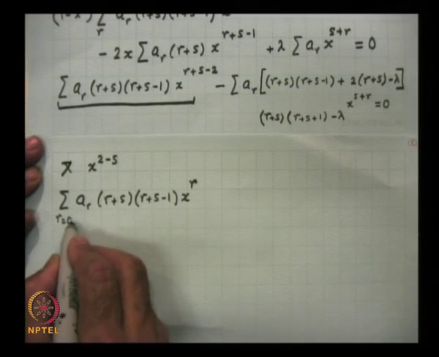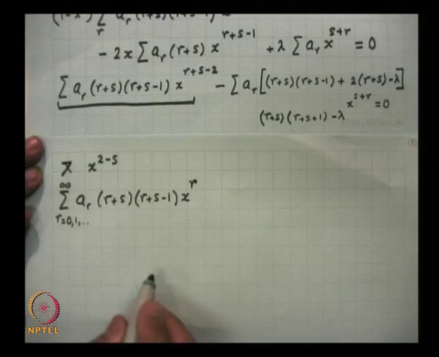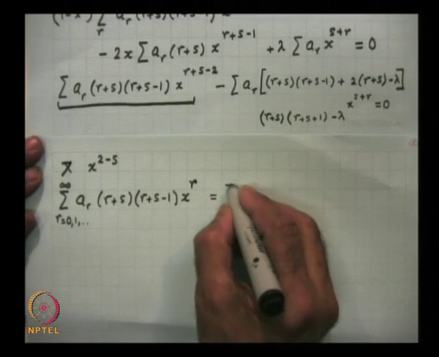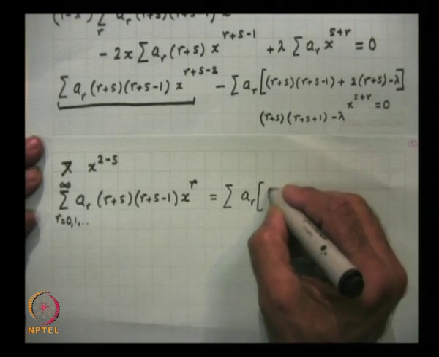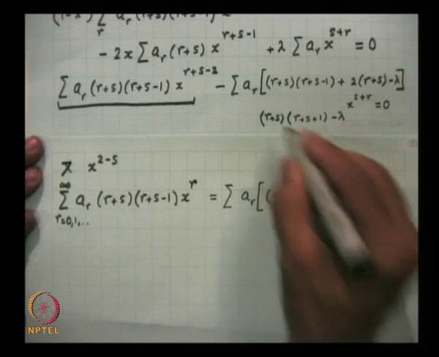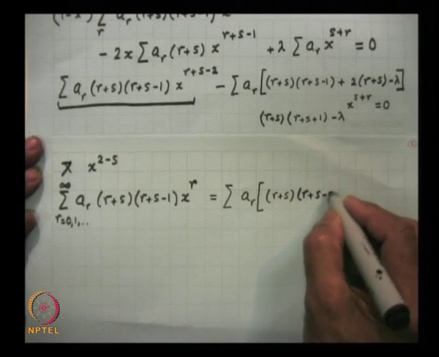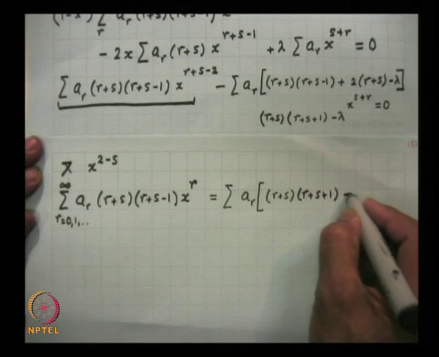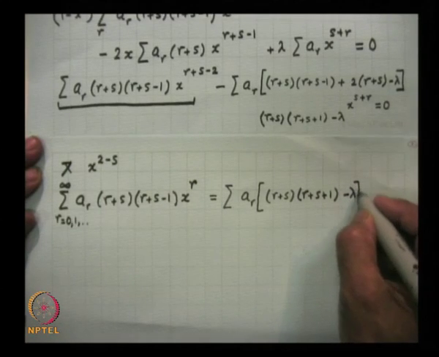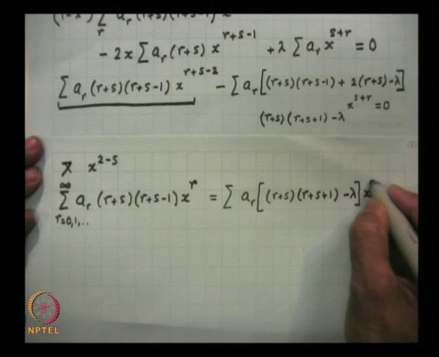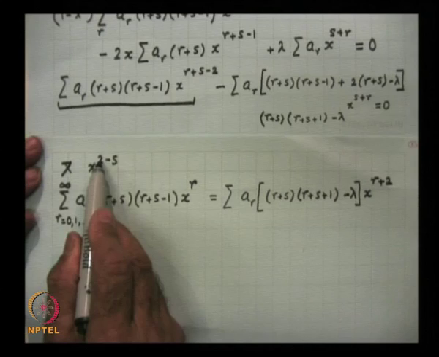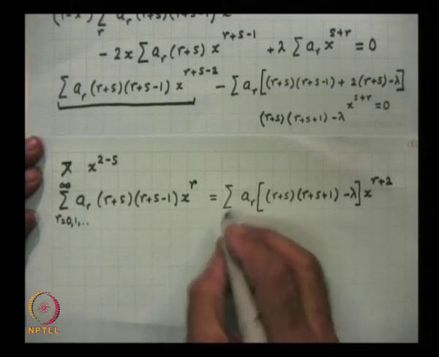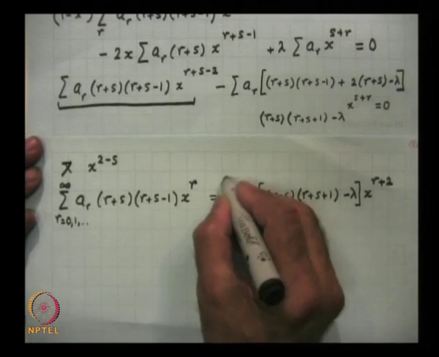So, this term goes off. So, r is equal to 1 to infinity, and my right hand side becomes a_r plus s, this term, r plus s minus 1 plus 1 minus lambda, times x raised to the power of r plus 2, because I have multiplied by x raised to the power of 2 minus s. So, both the sums are from 0 to infinity.